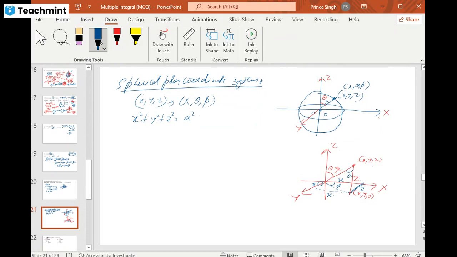Now I'm considering this right angle triangle. This angle is theta.